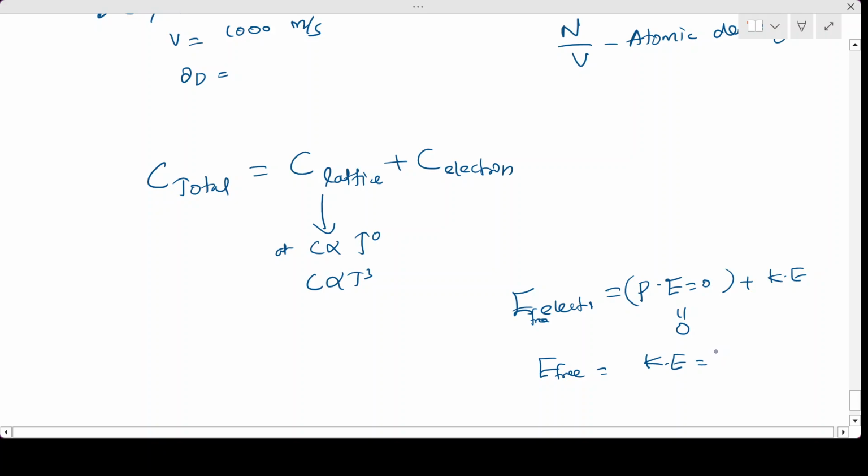That means, if you consider a three-dimensional particle, it will be 3/2 kBT. So this is the expression of energy. Okay, so we'll see what is the electronic specific heat.